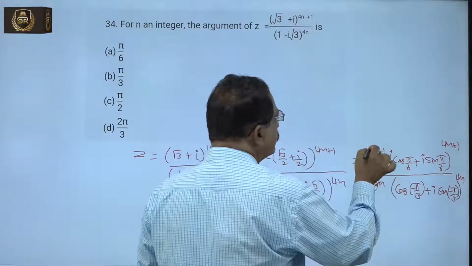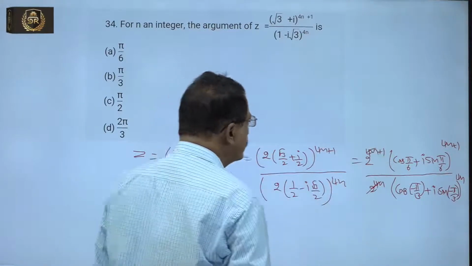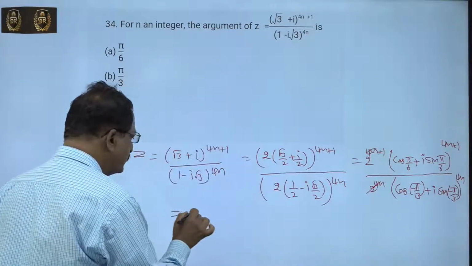Now 2^(4n) cancels, and in the numerator we get only 2.